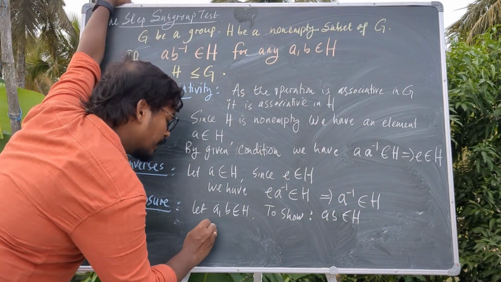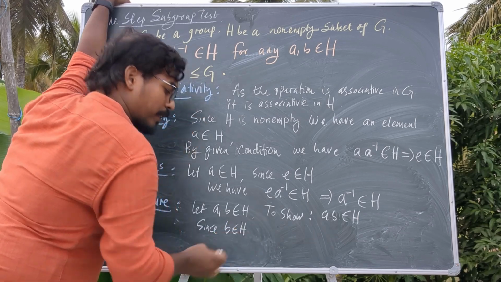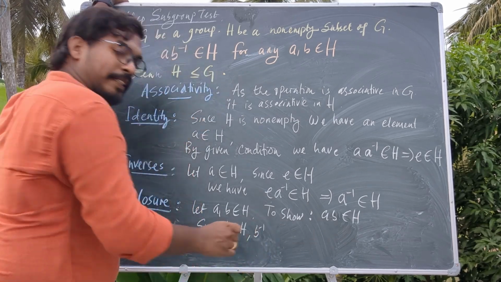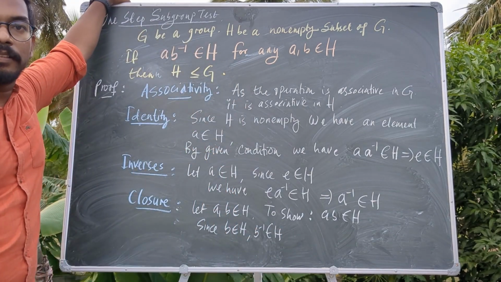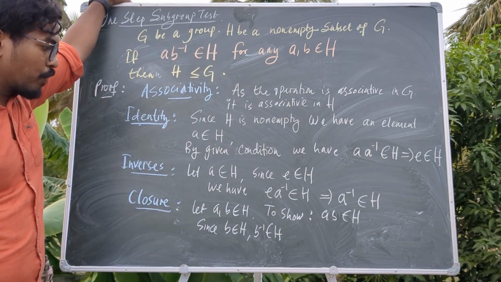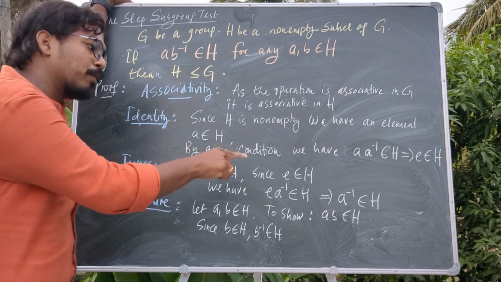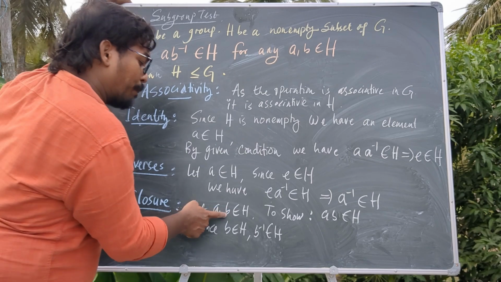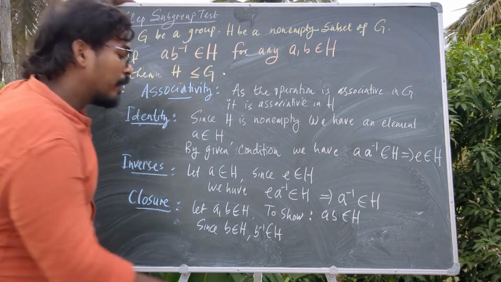See, since B belongs to the subset H, its inverse also belongs to the subset H. By the above, we have already shown that for any element in the subset H, its inverse belongs to the subset. So if B is in the subset, then its inverse also belongs to the subset.